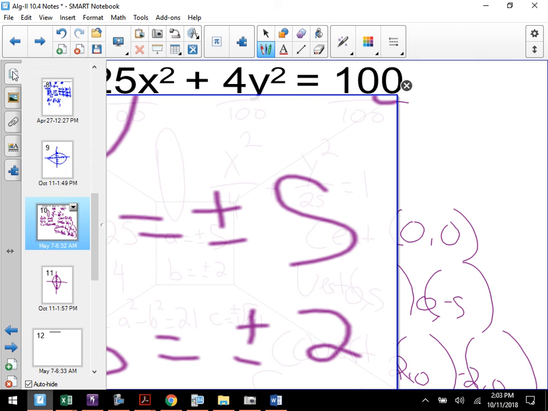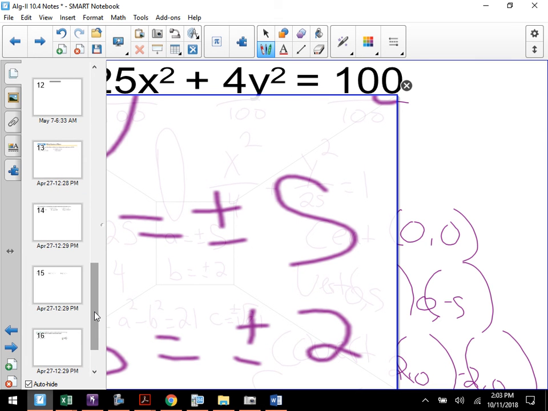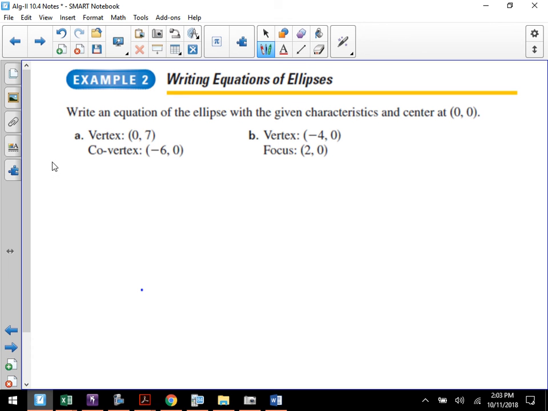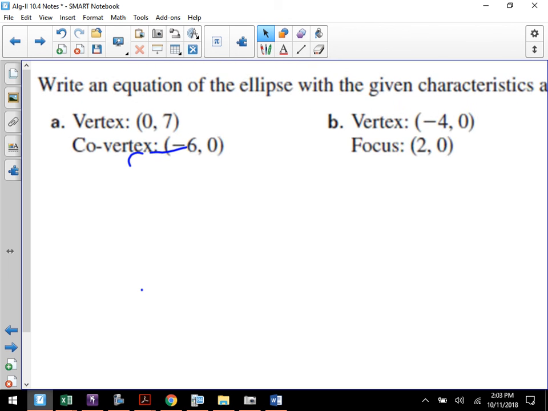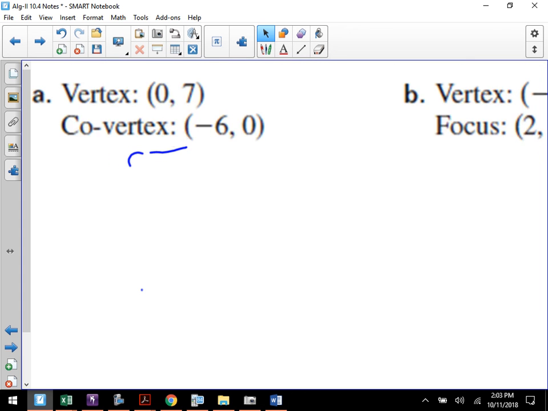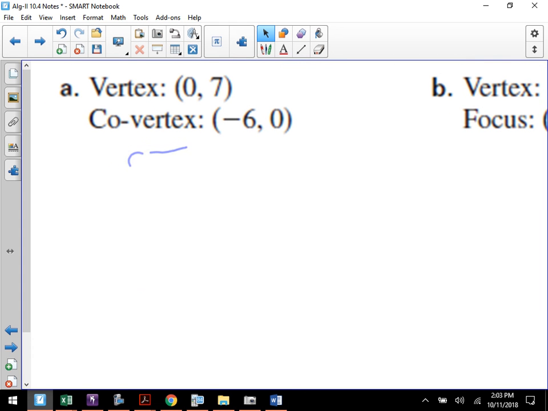Now, the only other thing that we haven't talked about with these is what happens when you have to go the other direction. Yeah, you do. Okay. So let's say you did this with parabolas. Remember how with parabolas I gave you the directrix location and you were able to write out the equation, or I gave you the focus, and you were able to write out the equation.